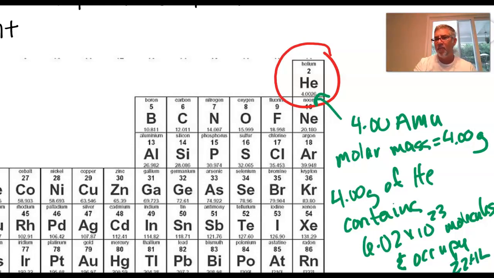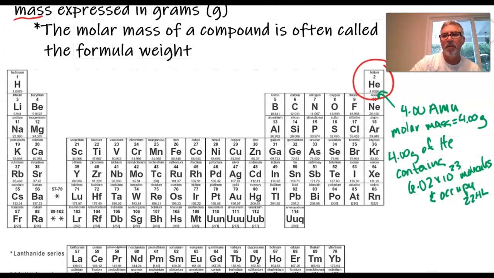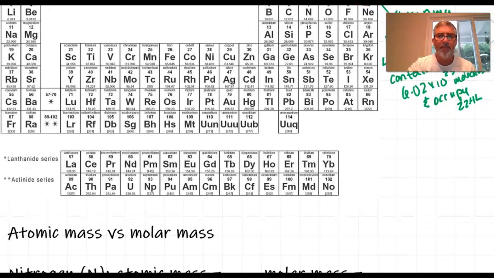If I have 4 grams of helium, it contains that many molecules, and at STP it will be 22.4 liters. So that's how he ties it all together. Molar mass is simply the AMU in grams. That should be pretty easy.